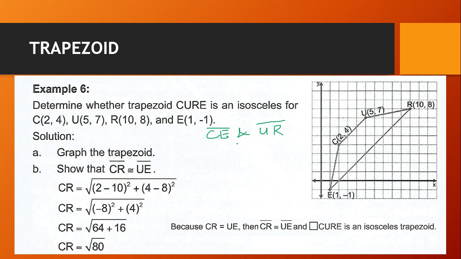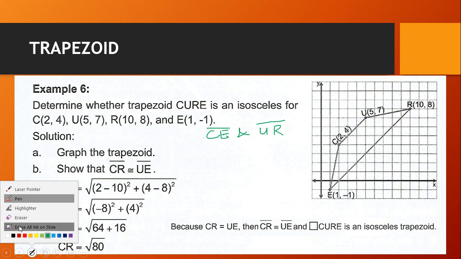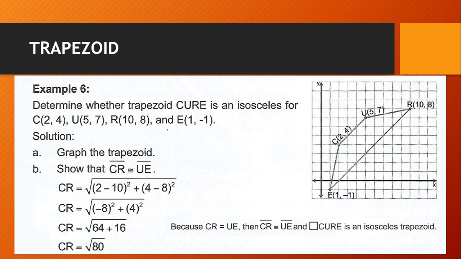Okay? So we're going to prove that the sides CE and UR are congruent. So how? We're going to use again the distance formula. So let's have the CE first. Okay? So CE equals the square root of open parenthesis.